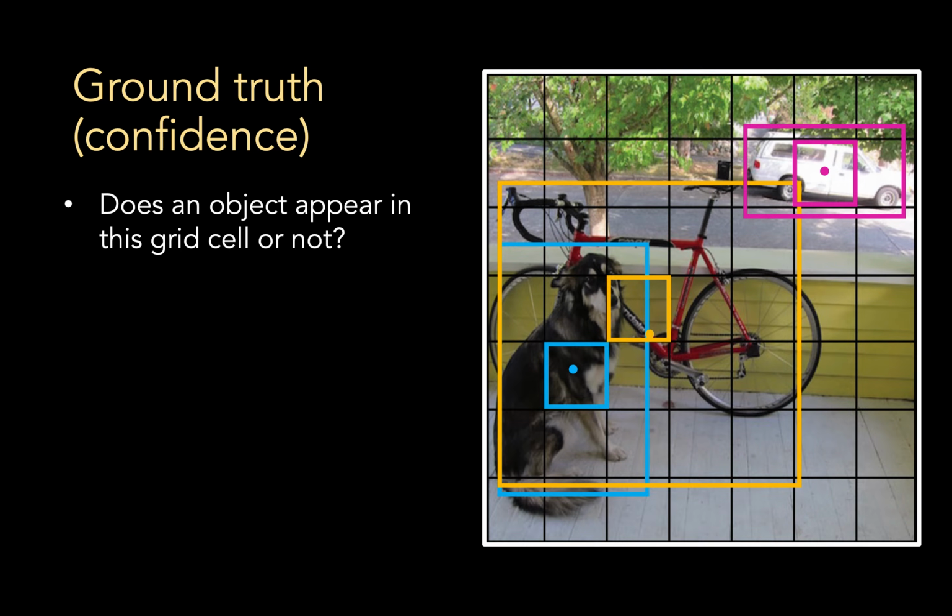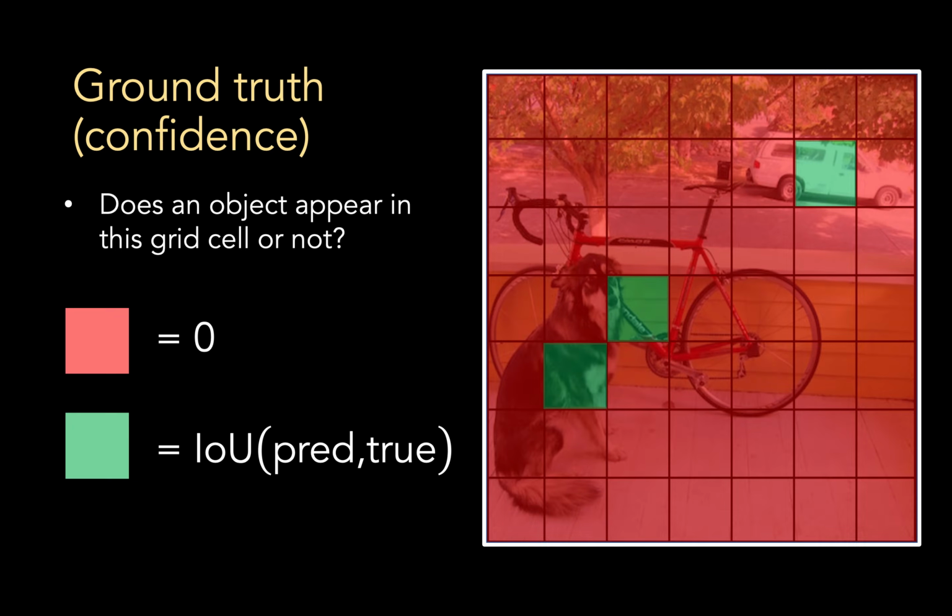Then, in every grid cell except for those grid cells, the ground truth confidence is set to 0 because there isn't an object there. Meanwhile, in the green grid cells, the ground truth confidence is simply the intersection over union of the predicted and ground truth bounding boxes.